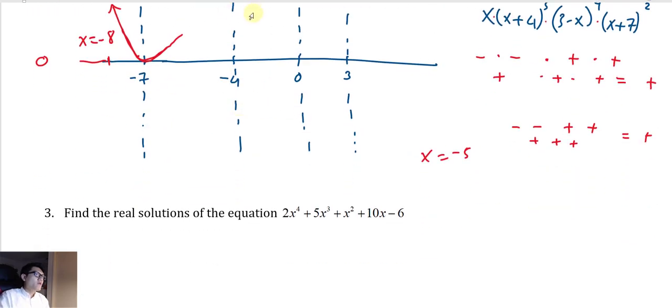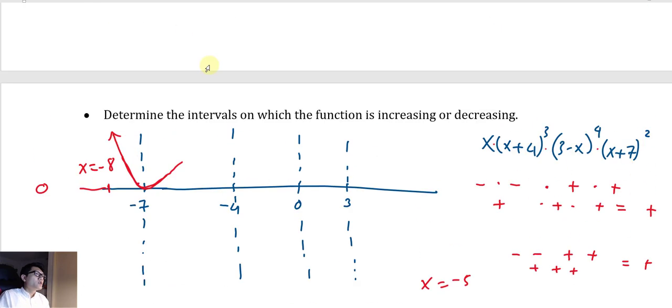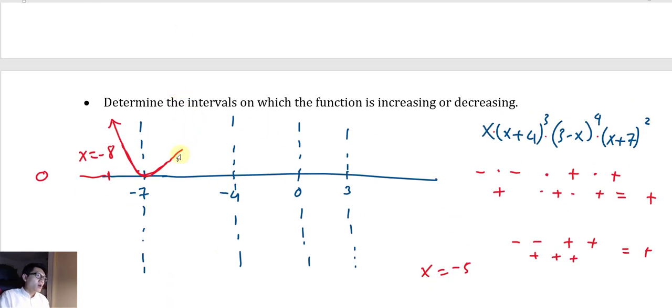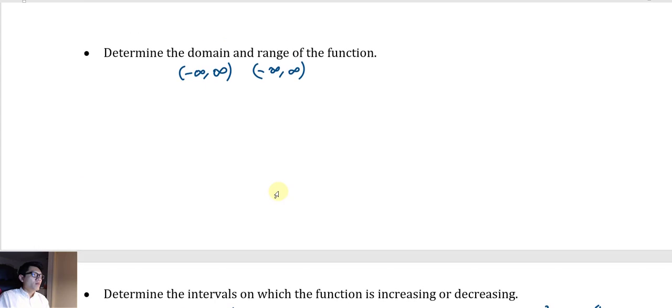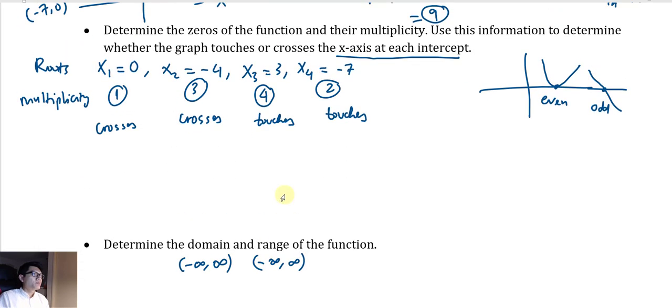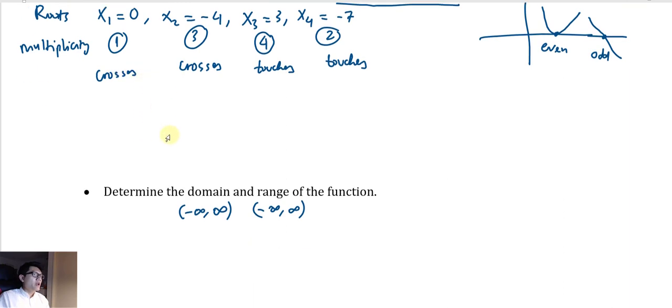That means in order for this curve to cross at minus 4, somehow it has to go down, crossing at minus 4, right? Because you want to go down again to cross. And then from 0 it is crossing again.